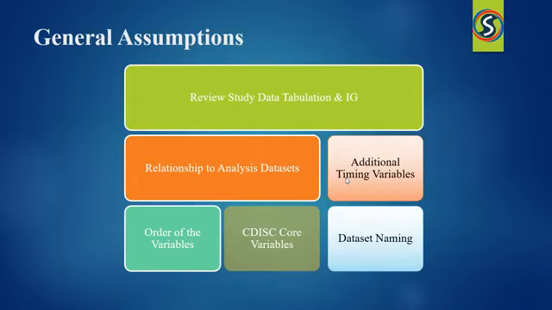Coming to your permissible variable, it should be used in a domain as appropriate when collected or derived. So, except where restricted by specific domain assumptions, any SDTM timing and identifier variables and any qualifier variables from the same general observation class are permissible for use in the domain based upon that general observation class.